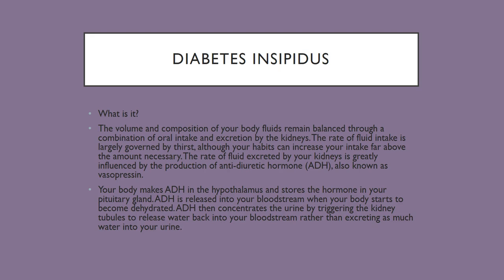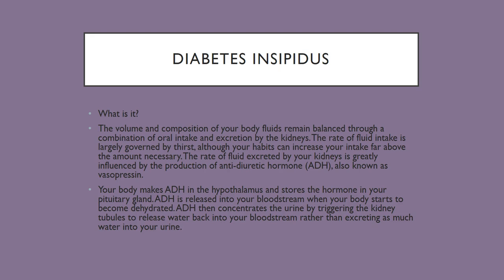So the rate of fluid excreted by your kidneys is greatly influenced by the production of antidiuretic hormone, which is also ADH. It's also known as vasopressin. Your body makes ADH in the hypothalamus and stores the hormone in your pituitary gland. ADH is released into your bloodstream when your body starts to become dehydrated.